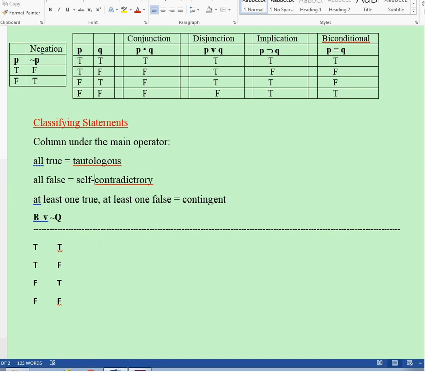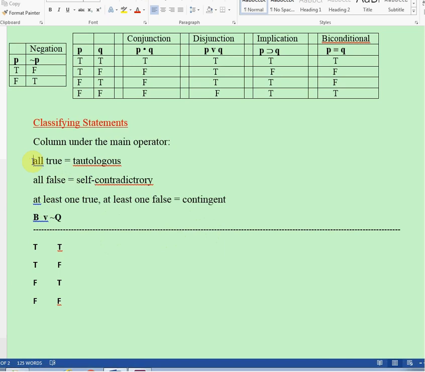But what we have to be concerned about here is whether we can do the truth table and, after doing it, determine if it's tautologous, self-contradictory, or contingent. The procedure is pretty easy. Keep in mind that we're talking about the main operator here.